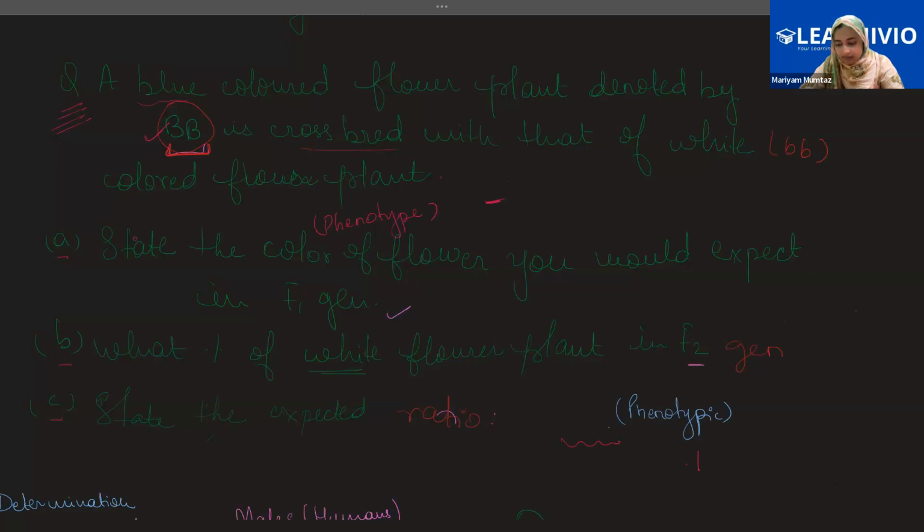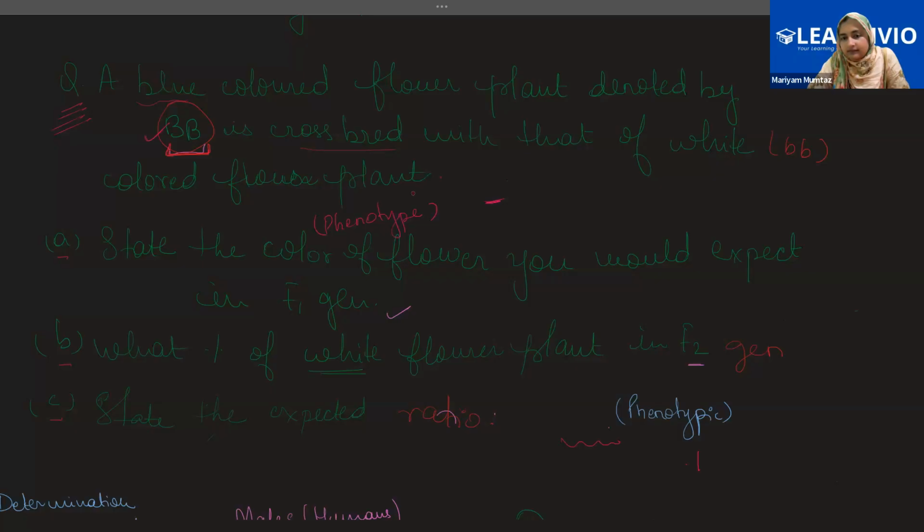State the color of flower you would expect in the F1 generation. Okay, in the F1 generation, all will be blue. Forget that, no, no, no, that is the F2. We'll see. What percentage of white flower plants in the F2 generation? For the F2 generation, we need a Punnett square.